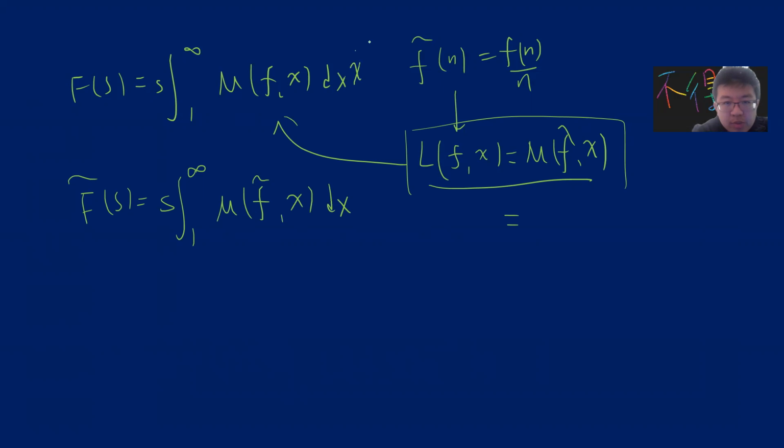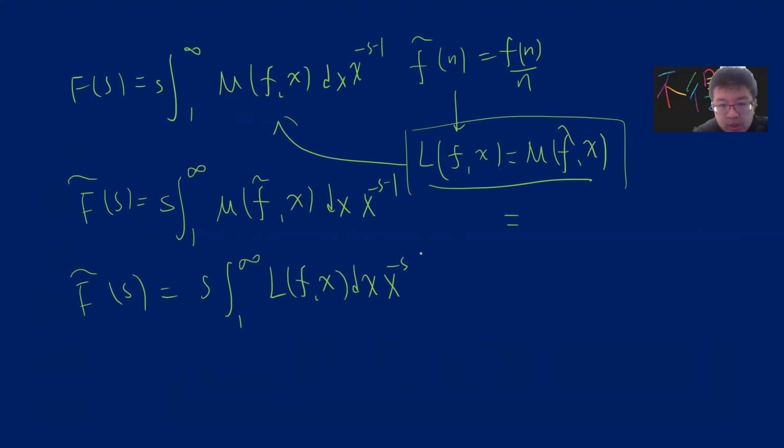So F tilde(s) will be s times the integral from 1 to infinity of L_f(x) x^(-s-1) dx. Now the final connection is to connect this F tilde(s) to the original F(s).